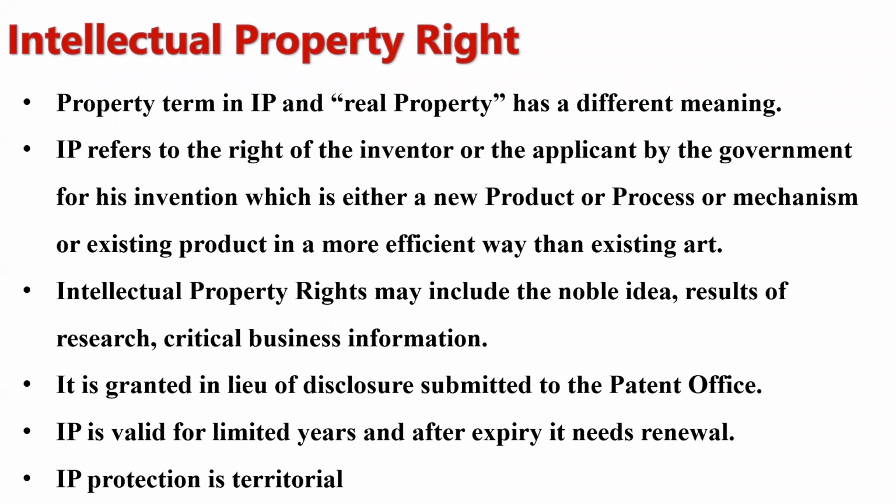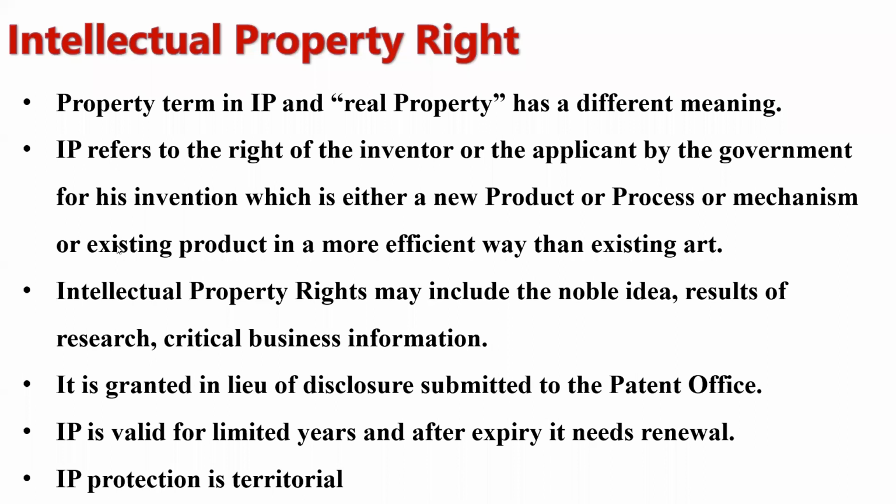It refers to rights granted by the government to the inventor or the applicant for his invention, which is a new product or process or mechanism, or an existing product made in a more efficient way than the existing art.